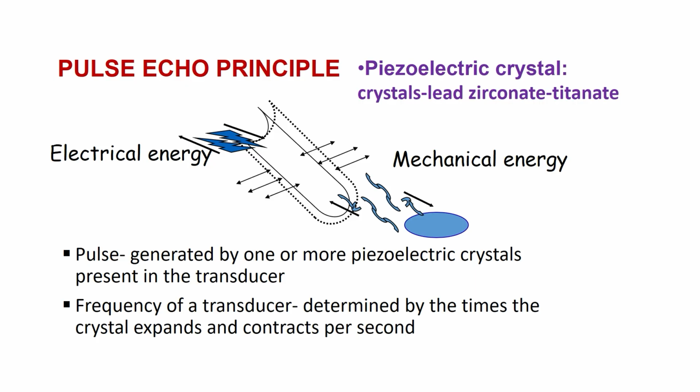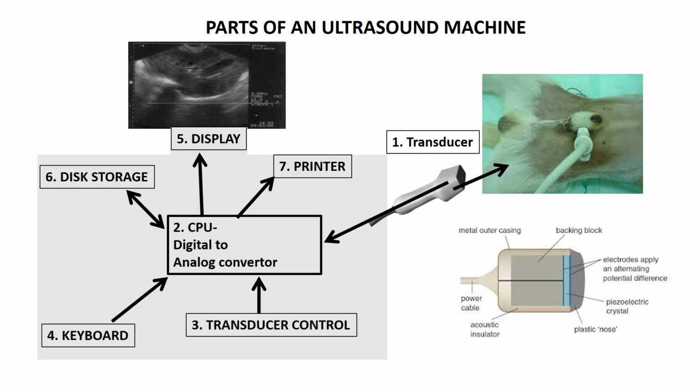That echo is received by the transducer and converted into electrical energy. The piezoelectric crystal contains lead zirconate titanate. The frequency of the transducer is determined by the number of times the crystal expands and contracts per second.